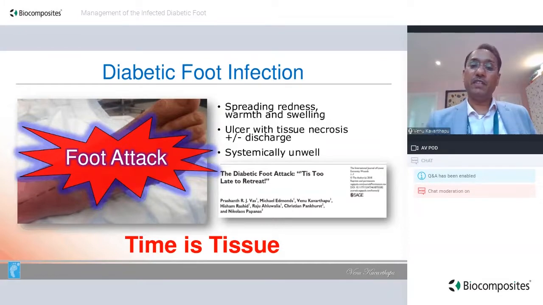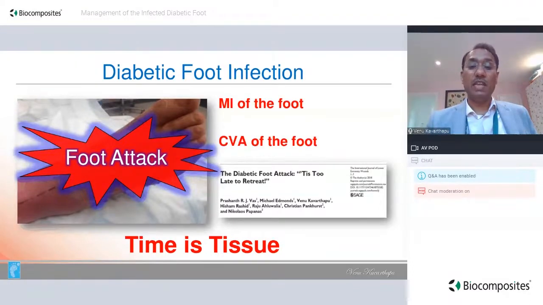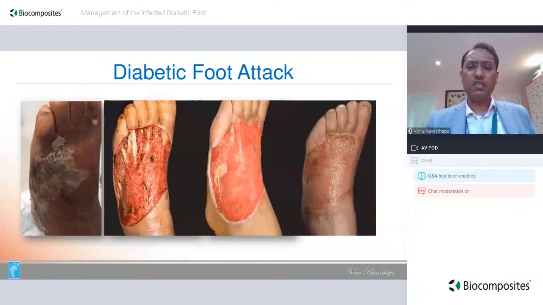So spreading infection, local tissue necrosis, and systemically unwell presentation is a diabetic foot attack unless proved otherwise, and that is similar to the MI, myocardial infarction of the foot, or CVA of the foot. So here, earliest intervention is critical. So we don't spend too much time on doing extensive investigations. Clinical presentation should draw your attention.